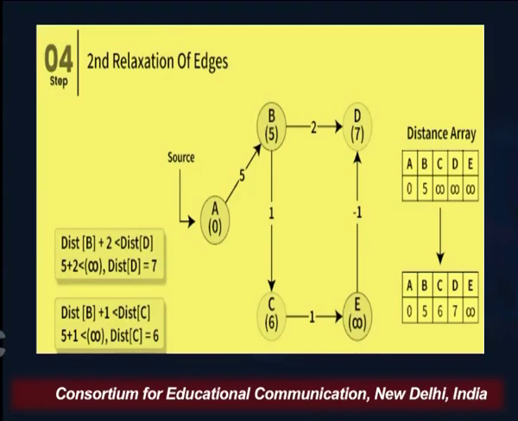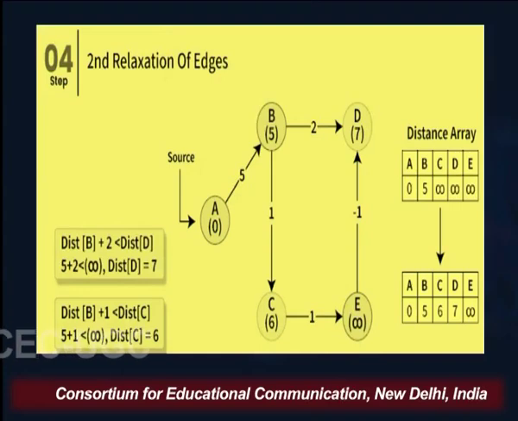Now, again a relaxation which says distance of B plus 1 is less than distance of C. Now, why have we taken this in the second attempt of relaxation of edges?